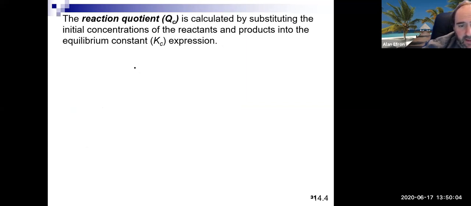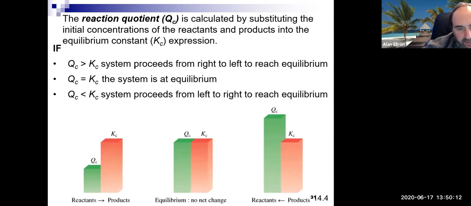All right. So then let's talk about another letter here, for a nice change of pace. This is Q, and Q is what is referred to as the reaction quotient. Q is calculated the exact same way as you would calculate the equilibrium constant.